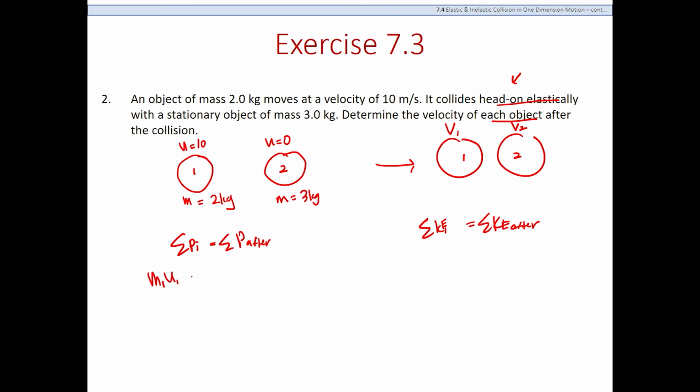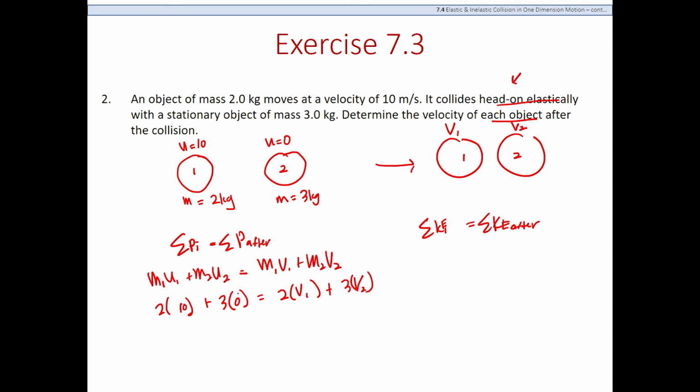m1 u1 plus m2 u2 equals m1 v1 plus m2 v2. Continue: m1 is 2 kg times speed 10, plus m2 is 3 kg times speed 0, equals m1 is 2 kg times v1 plus m2 is 3 kg times v2.